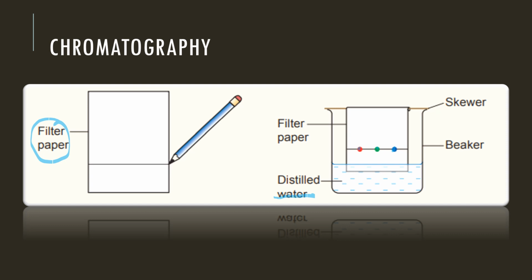After a while, the mixture will spread. You will see the different colors here. It means maybe this color is a mixture of a few different colors, so it will spread on the filter paper.